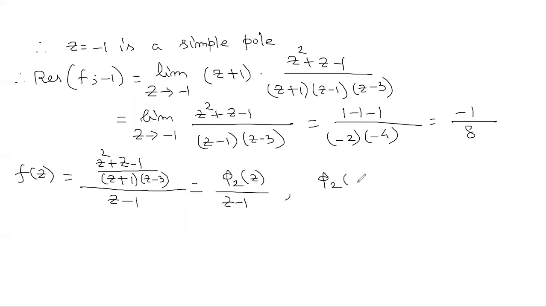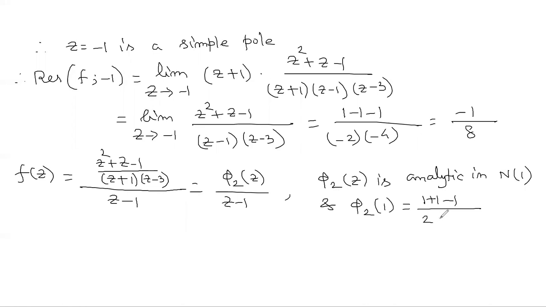So phi 2 of z is analytic in the neighborhood of 1, and phi 2 of 1 is equal to (1 + 1 − 1) by 2 into (1 − 3), that is −2, so −1 by 4, not equal to 0.